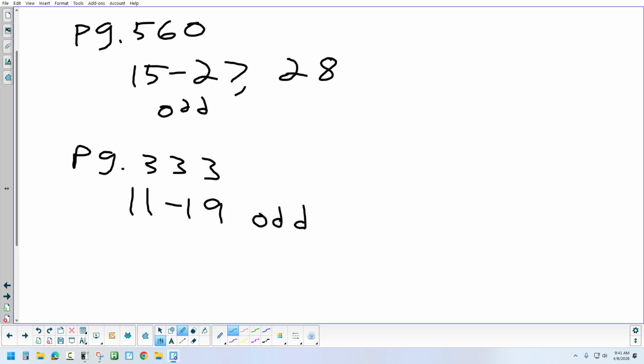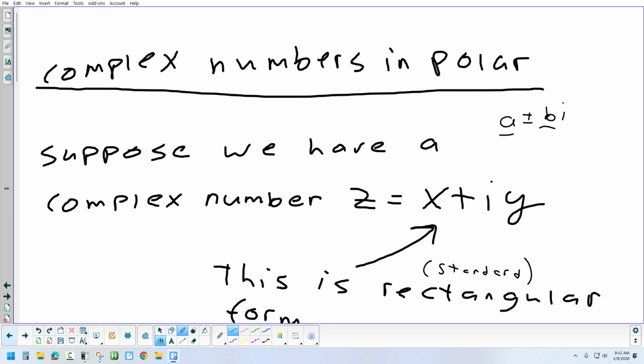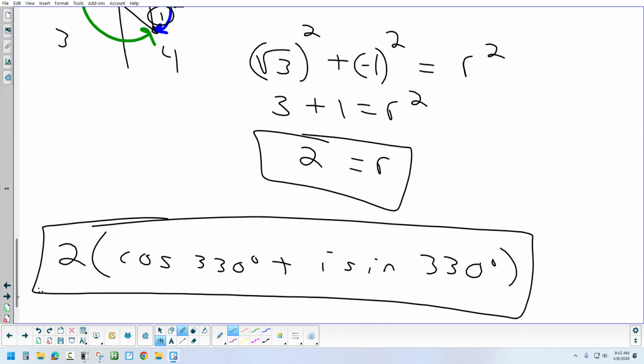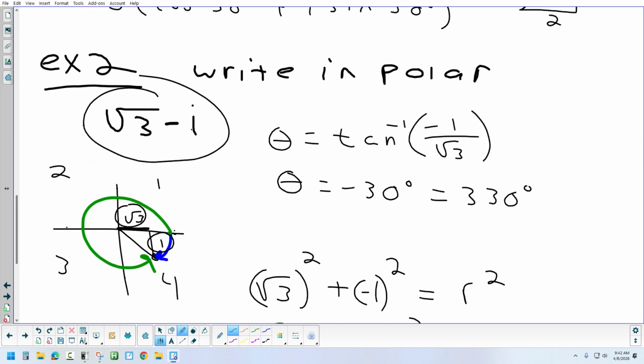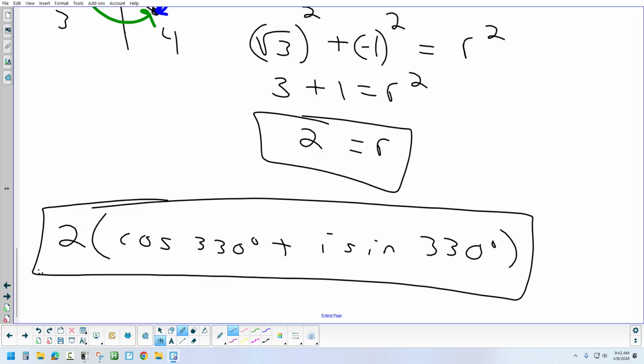Let me double check. Two parts. First part is for 11 to 19, graph the number. And then the second part is write it in polar. So it's exactly what we just did on this last problem. Graph it, write it in polar.